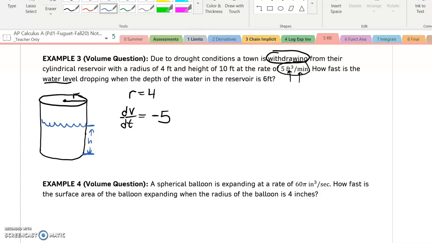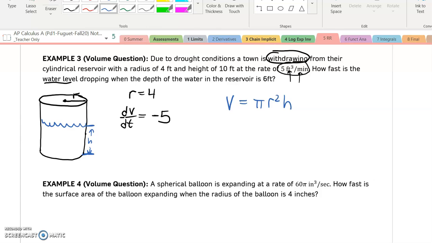And so the related rate that we're looking at is actually not the cylinder, the canister that it's in, but the water, which is shaped as a cylinder. The volume of a cylinder we know as pi r squared h. What's really important to understand is that we can't take the derivative of this without using product rule if the radius and the height are both changing and being variables.